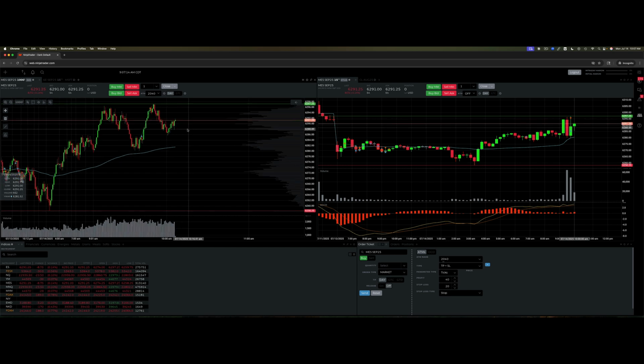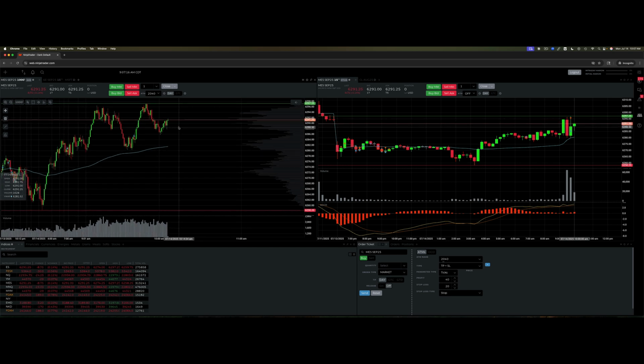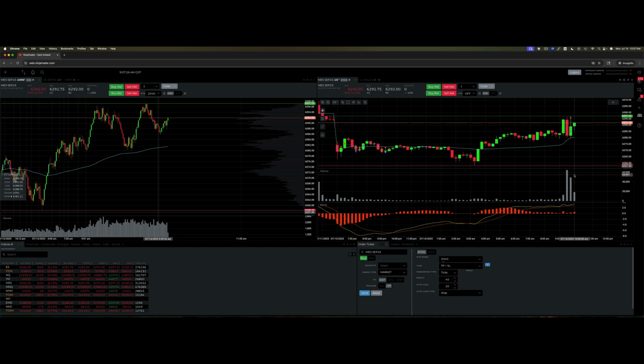Okay, now it looks like we're pushing. But if we look over here, we're at about the halfway point. This volume candle, about half. So maybe we're pushing now.